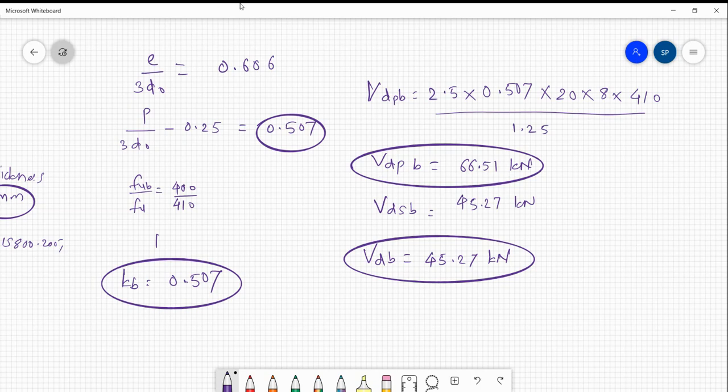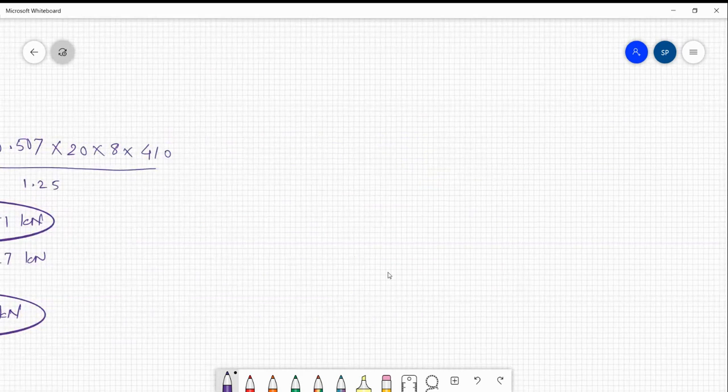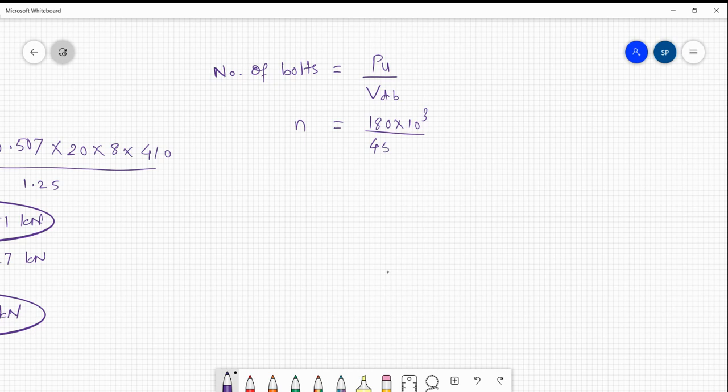So using this value, now we have to calculate the number of bolts. The number of bolts to be used for connection, N, equals PU divided by VDB. So N equals PU, which is 180 kilonewton, divided by 45.27 kilonewton.